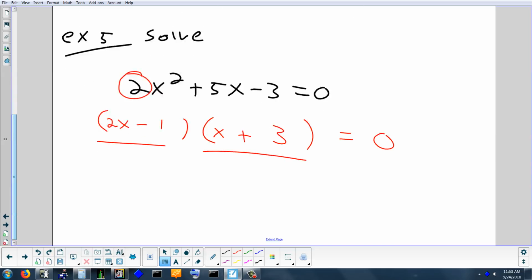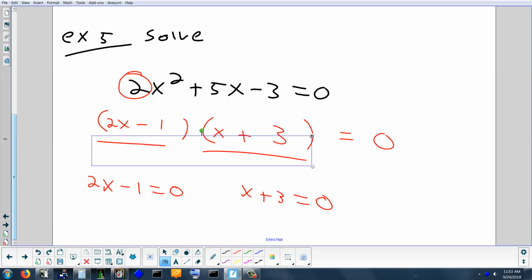And what do I do with each of those factors now? Yeah, because if you're multiplying 2 things together and getting 0, either this comes out to 0, or this comes out to 0, or both. One or the other has to be 0.